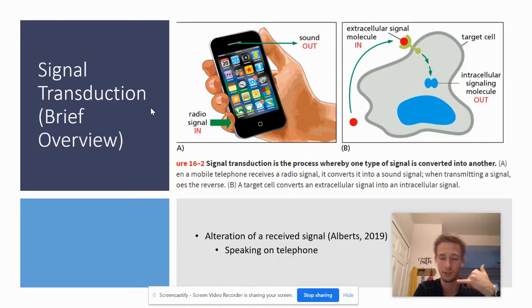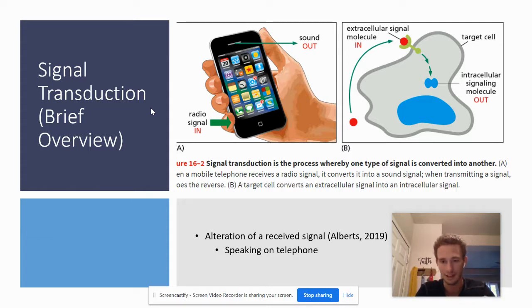So somebody's calling you. That radio frequency will hit your phone, and then it will be converted into a sound, so that you will actually respond to the phone and then pick it up and eventually talk, and that radio wave will be sent back. It's just an exchange of different information. So it's from radio frequency to sound so that we can actually respond to it.